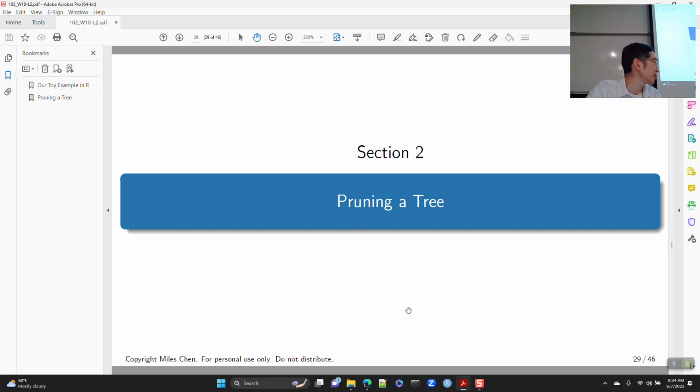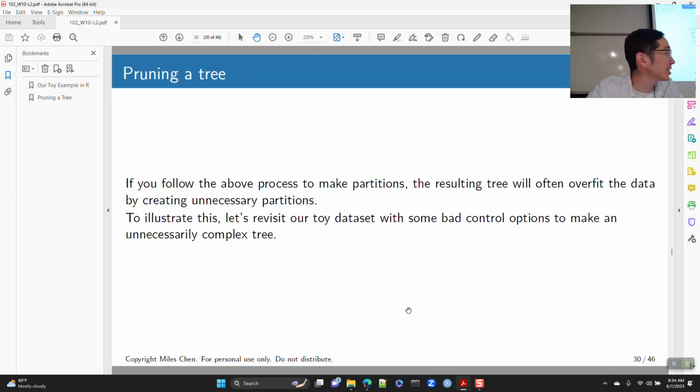Sometimes if you just follow the recursive algorithm to the end, you end up with an overly complicated tree. And so we might consider pruning the tree. I guess we really love this tree analogy of growing things. A lot of times you might have a tree that overfits your data.